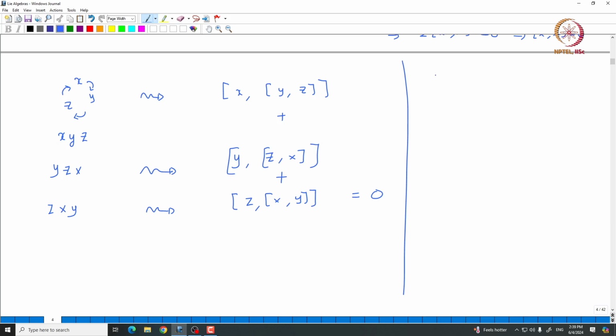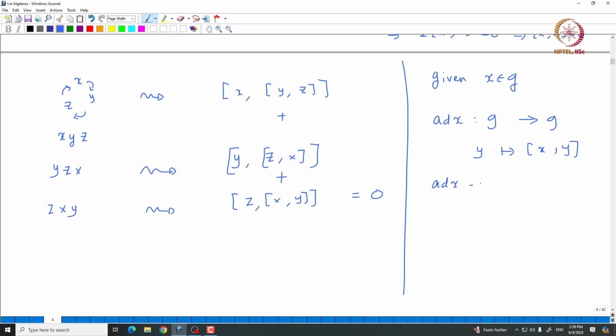Given x in G, one can define the ad x map. So ad x is a map from G to G defined by y goes to the bracket xy. Note that the bracket is C linear in both variables, so this map ad x is actually C linear.